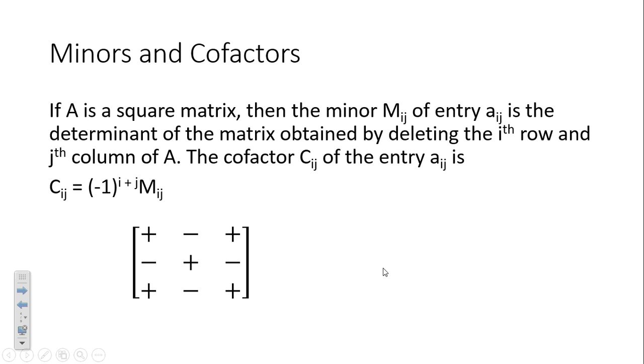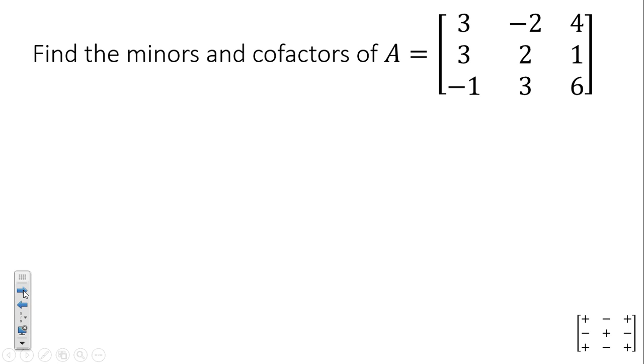Okay, so here we go. We want to find the minors and the cofactors for that 3 by 3 matrix. There are a total of 9 minors.